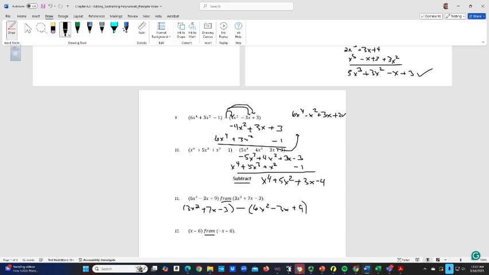So now we have to distribute: negative 6x squared plus 3x minus 9, and then put our like terms underneath that we're going to combine with this. Okay, so we get negative 3x squared plus 10x minus 12.